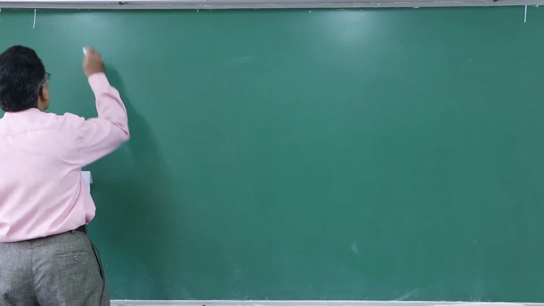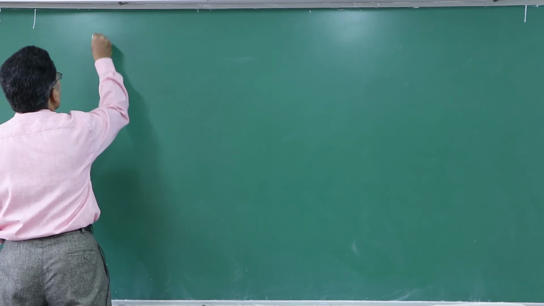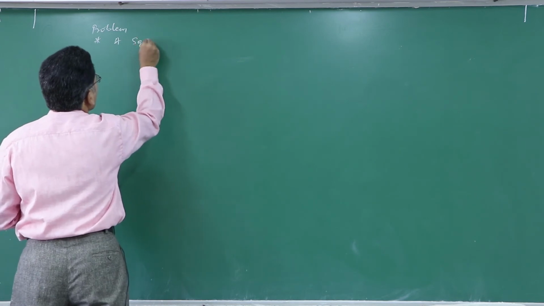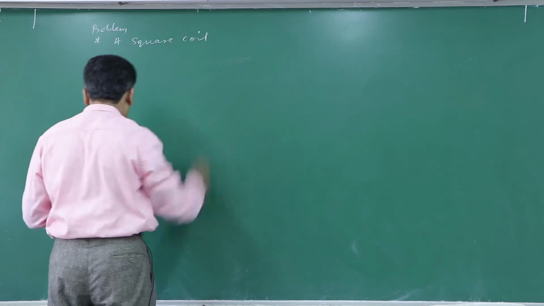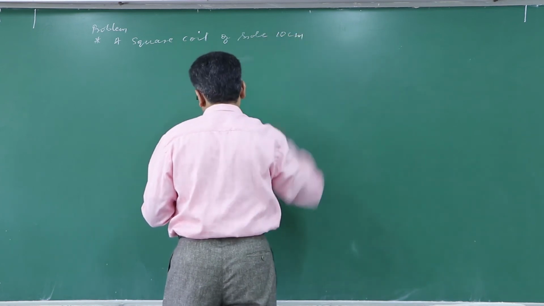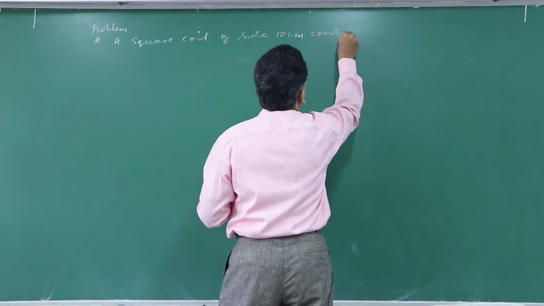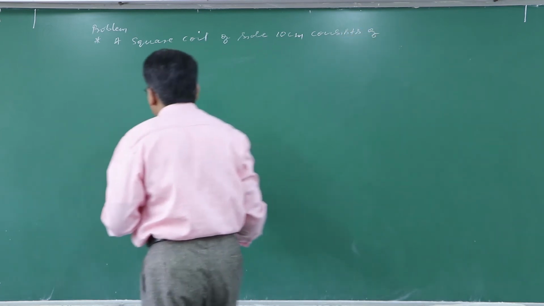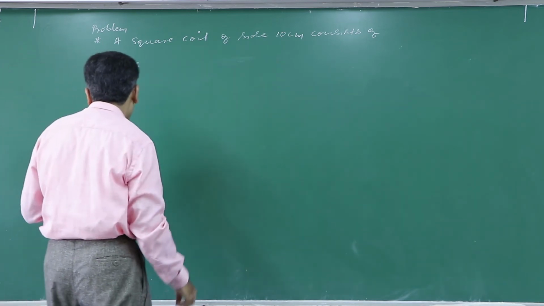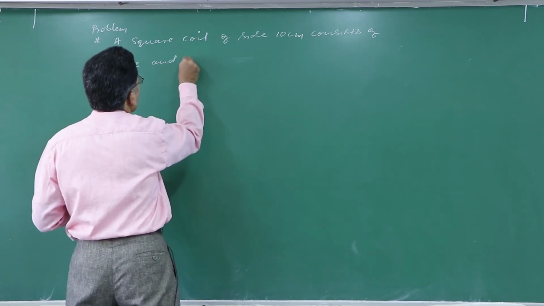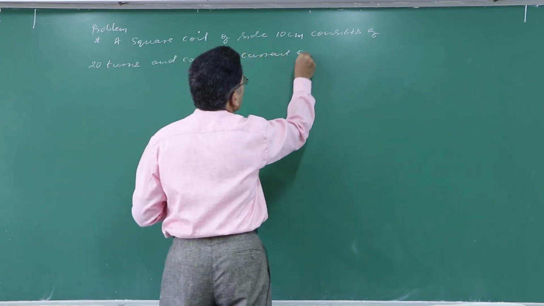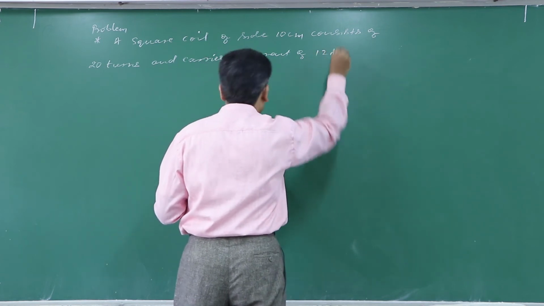A square coil of side 10 centimeter consists of 20 turns and carries a current of 12 ampere.